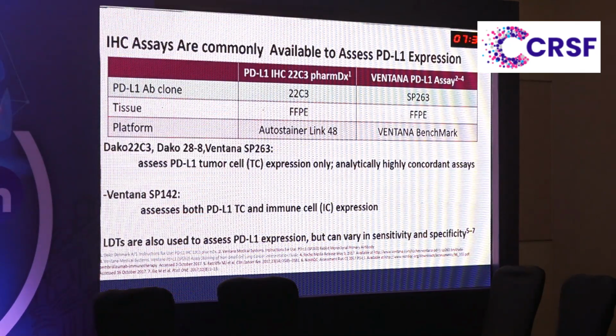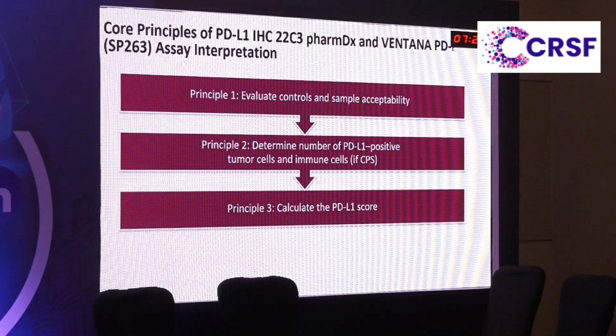So the commonly used tests are 22C3 and SP263, based on the Blueprint study, which in both phase 1 and phase 2 has shown good concordance between these two assays. When it comes to the evaluation of these assays, the first and foremost important thing for the pathologist is to see whether your controls are satisfactory, because every time you have to run a negative control with these slides, in addition to the external positive control, which is usually a tonsil.